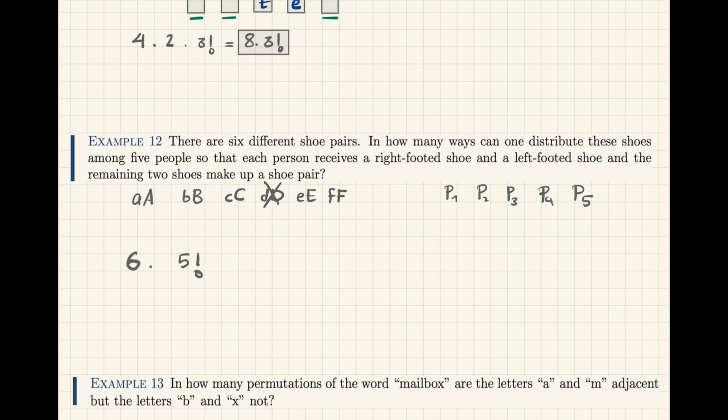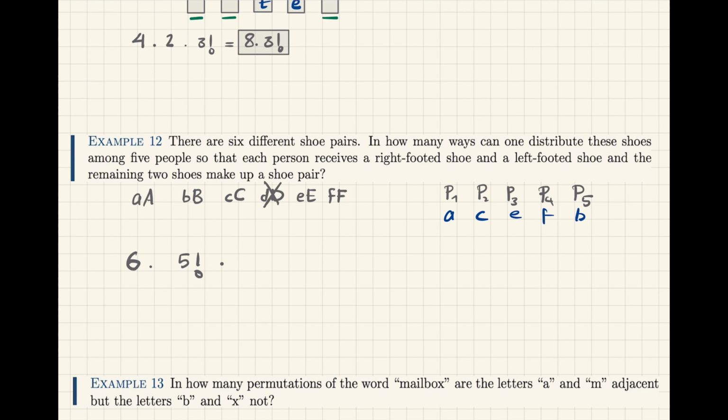After this is done, for example, assume that you decided to give this person the left a, and this one c, this one e, and this one f, and this one d. What is left for this one? b. This is one way of doing that. Then after this is done, you decide about the right-footed ones.